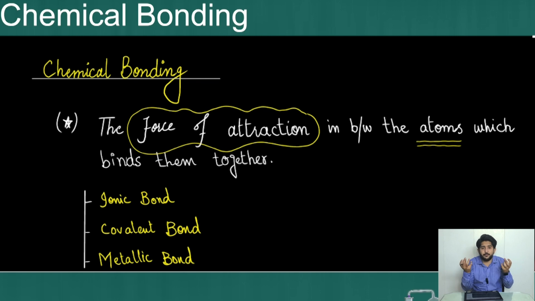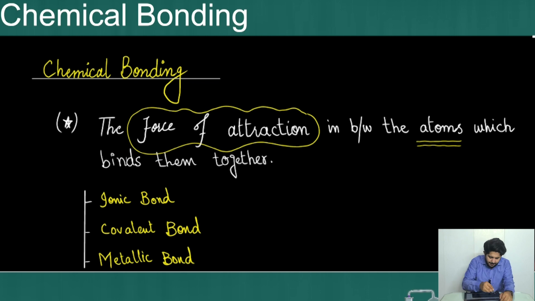Some attractive force will develop between them which joins the two together. That is called a chemical bond. The force of attraction between the atoms which binds them together is called a chemical bond.